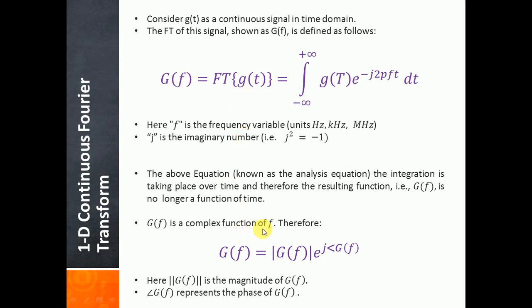Here, if the faculty asks you to draw how the Fourier transform looks, how the signal looks in frequency domain, you have to draw two graphs, one for the amplitude with respect to the frequency and one for the phase with respect to the frequency. So you get two separate graphs.